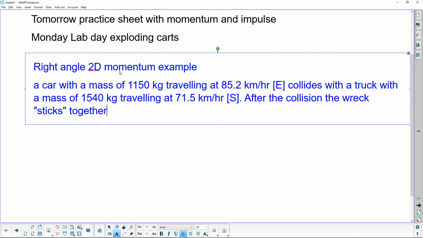Find the velocity of the wreckage. Okay, so this is basically going to be a vector momentum problem combined together. So the first thing we're going to do is set up what's happening in a diagram so we can view it.